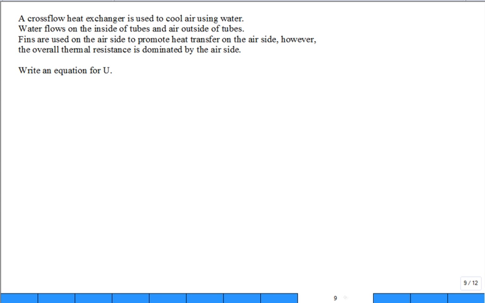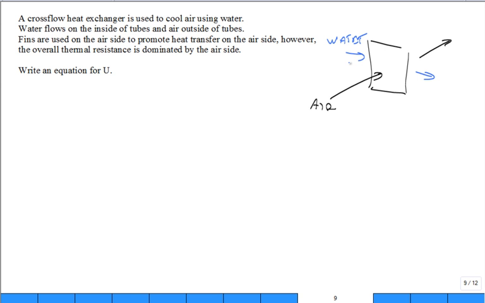In a cross-flow heat exchanger, it's used to cool air using cold water. So we have air, and we don't want that air to be heated. The air is going to be cooled, and you put water in the other side. So maybe I put it like this, water going like that.